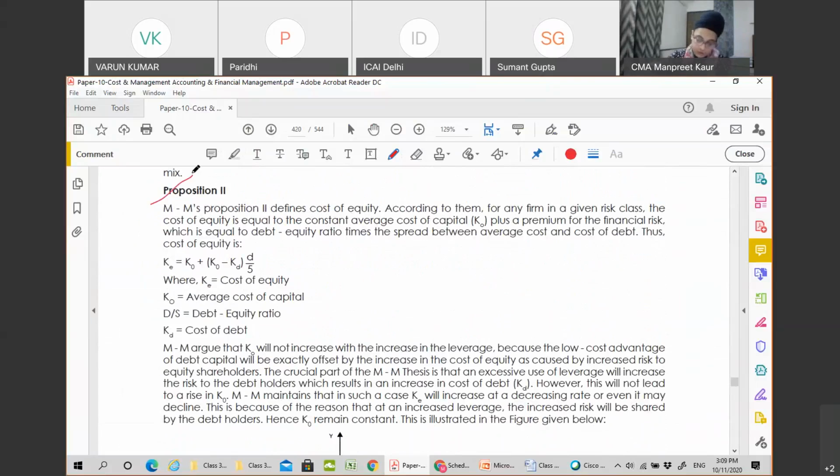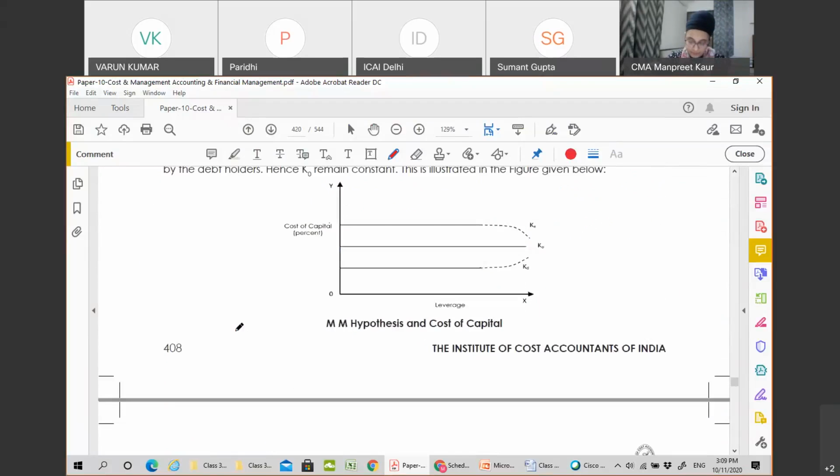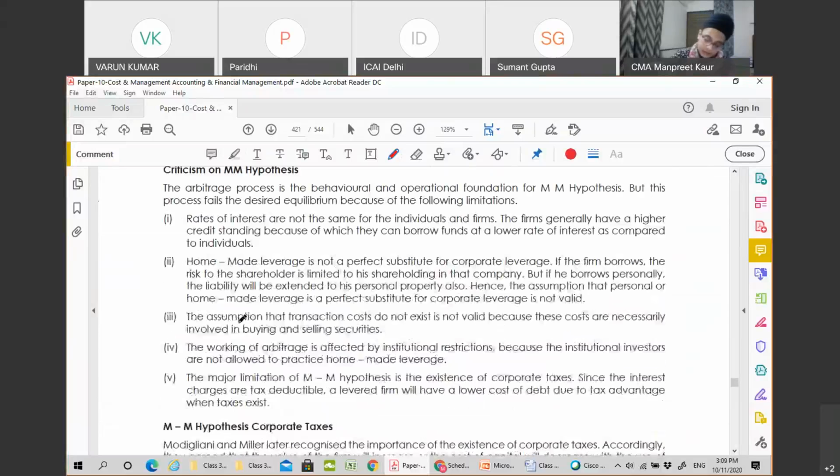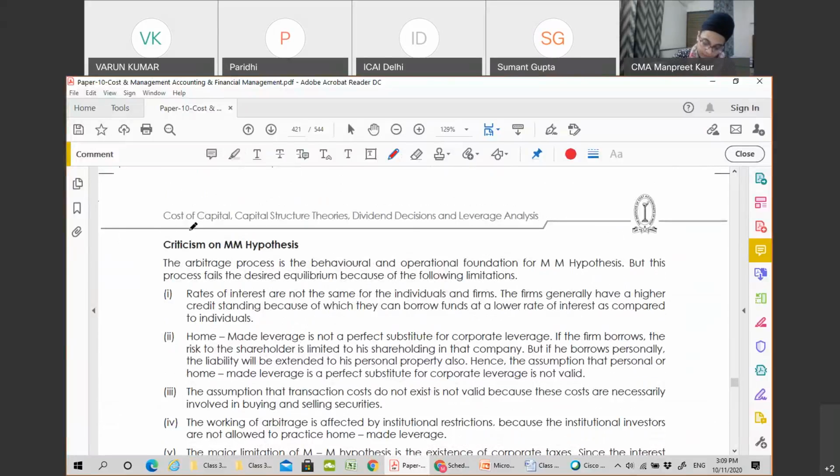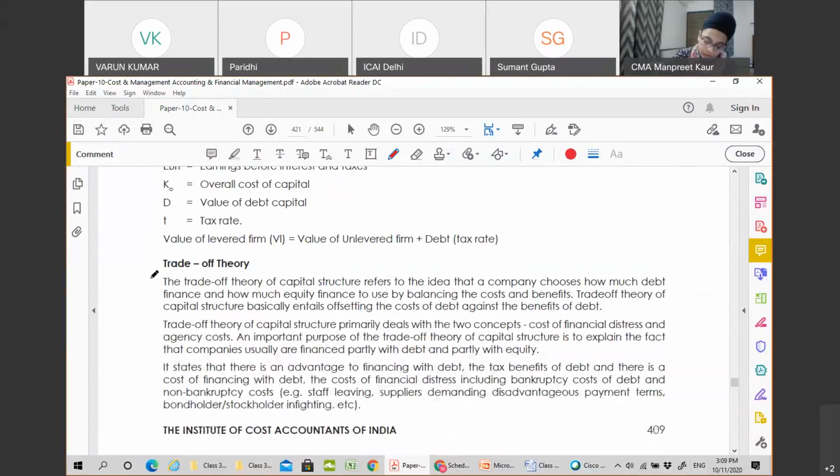This is the proposition 2 that we had done. And criticism is also in your homework. To find out the value of the unlevered firm, this is also in your homework.